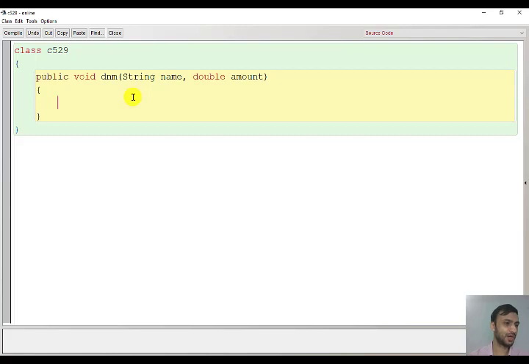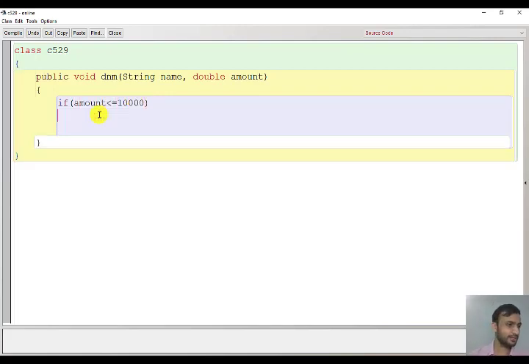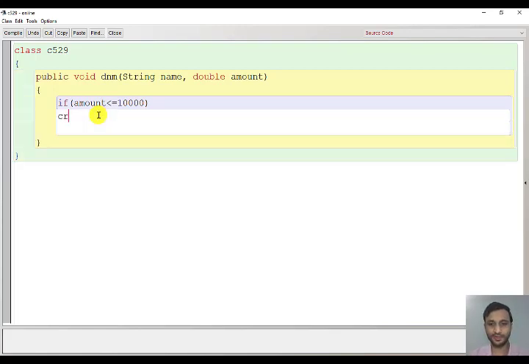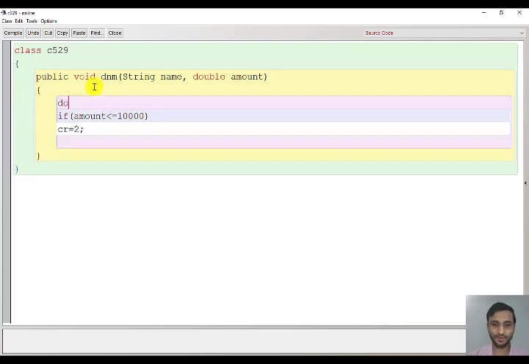Now we'll write the if statement for the first criteria, up to 10,000. If the amount is less than or equal to 10,000, then commission rate is equal to 2%. Let the variable CR be 2. Let us declare this variable also, double CR equal to 0.7.